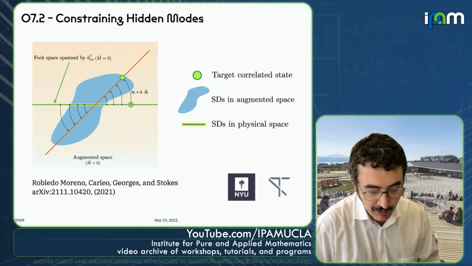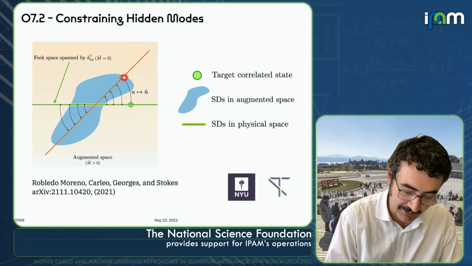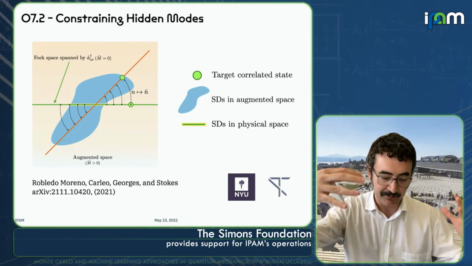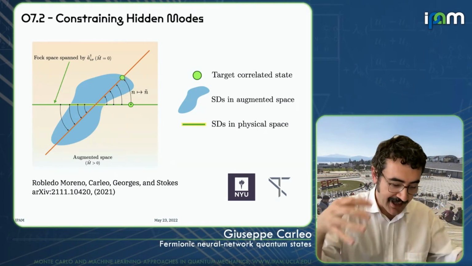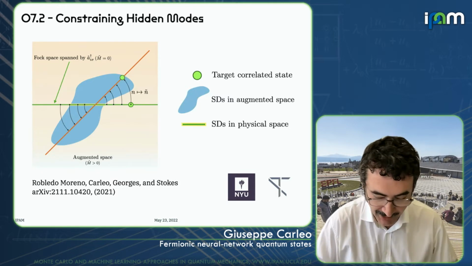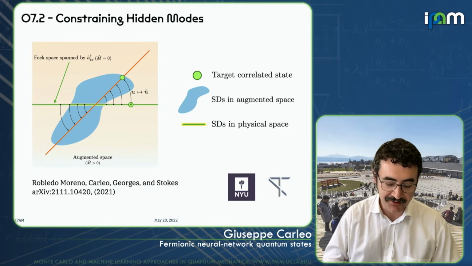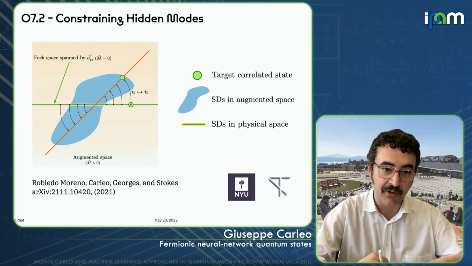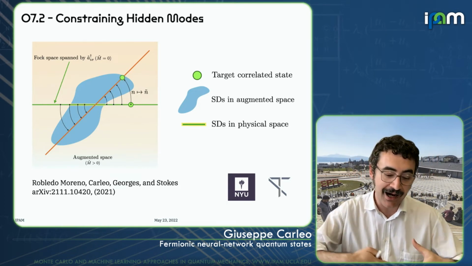Now, the idea is that if my target correlated state, which I indicate here with this green circle, can be, in general, described as a generic target correlated state, and by target correlated state I mean the wave function, let's say, of the Hubbard model for my N electrons, you can think that while this is a strongly correlated state, maybe if I extend the space of all possible wave functions, then this correlated wave function can be transformed into an uncorrelated wave function.